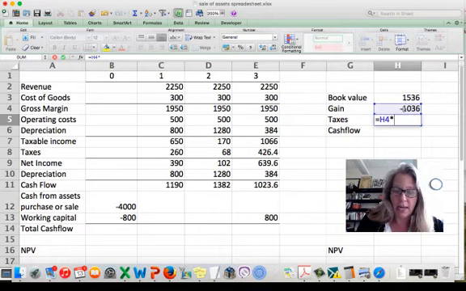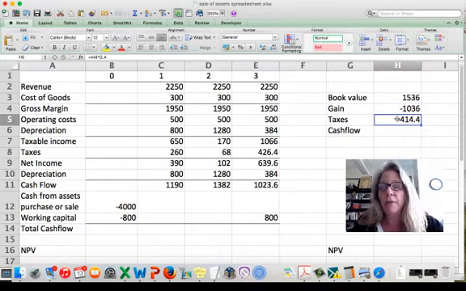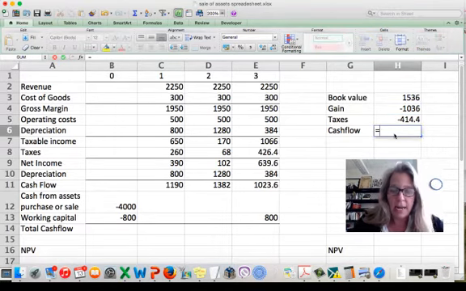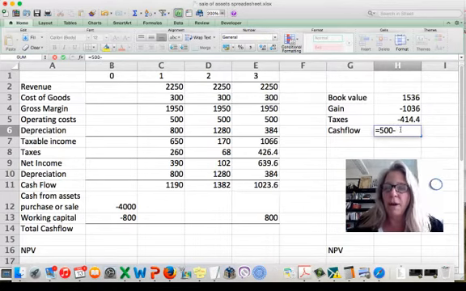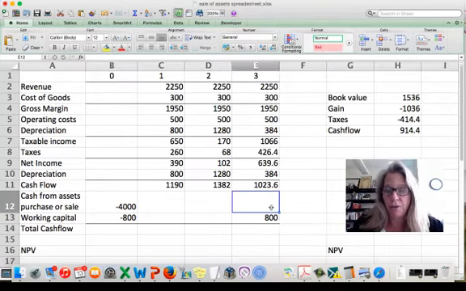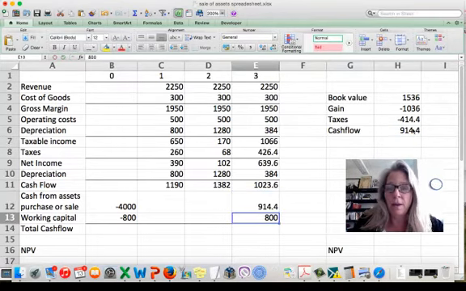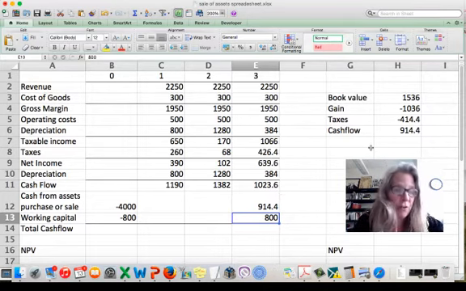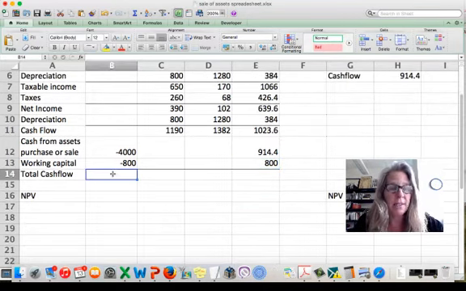But we're going to go ahead and make that calculation anyway, take 40% of it for taxes, and the cash flow is going to be the $500 minus the tax, so it's a positive $900. So we have a positive cash flow. This is the salvage value from that $500 pre-tax value.